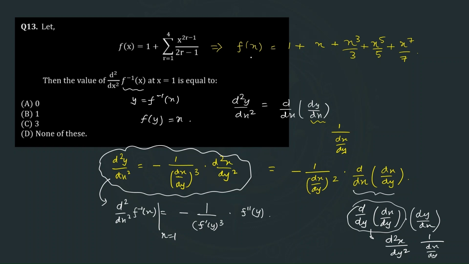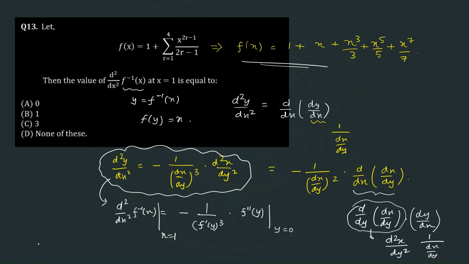Now, f inverse 1 from this relation is basically 0. Because if we put x equal to 0, f(0) will be 1. That means the corresponding value of y will be 0. So the derivative of this at x equal to 1 will be simply this expression evaluated at y equal to 0.